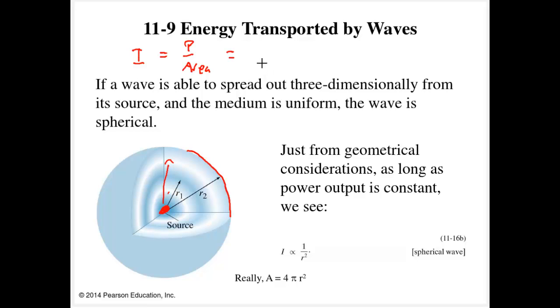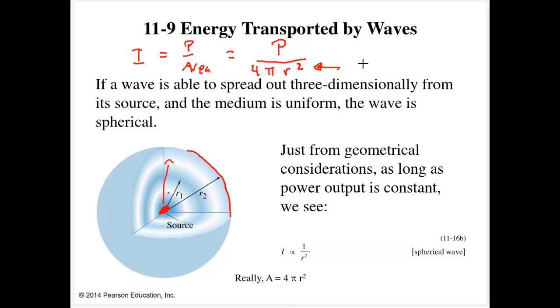We know that the area of a sphere is going to be 4 pi multiplied by the radius squared. We're going to have power on top. What we can kind of see is the intensity is going to get smaller and smaller and smaller as the radius gets larger and larger and larger.